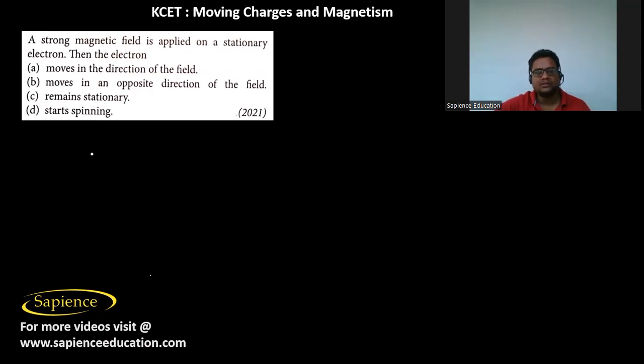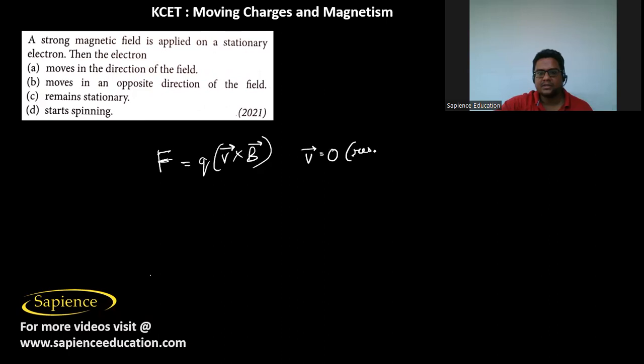So here it is told that a strong magnetic field is applied on a stationary electron. Then the electron will remain stationary only. Why? Because we know that the force due to a magnetic field is given as q v cross B. So if the charged particle has no velocity, that is, if v is 0 and it is at rest, then the magnetic force on the charge will also be 0.